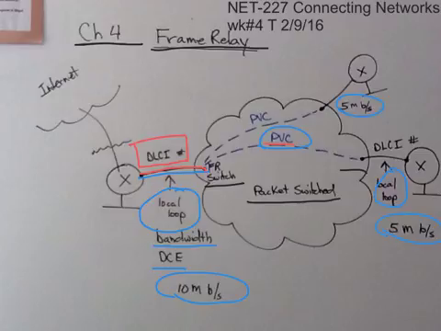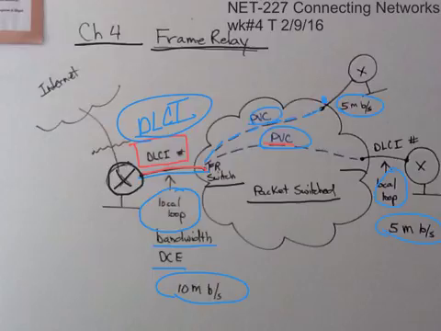So in the case of this router here, this router would have 2 DLCIs. You could have another one that would connect to here.